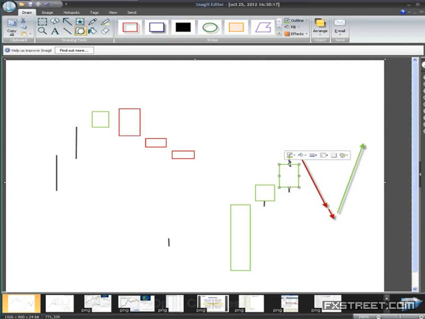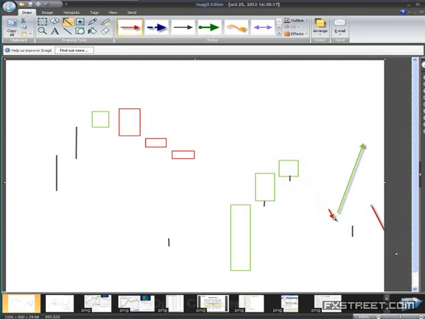You may have something like this. You may have a first large tall candle, and then the successive candles are still making new highs, but with less momentum. Okay, this would be called an advance block.